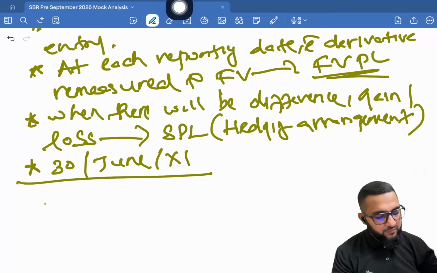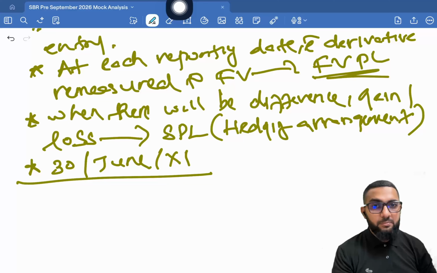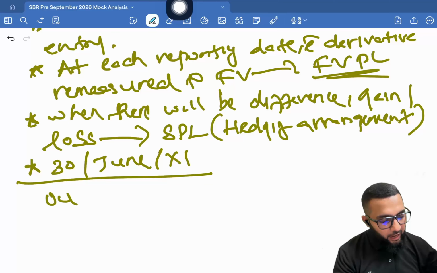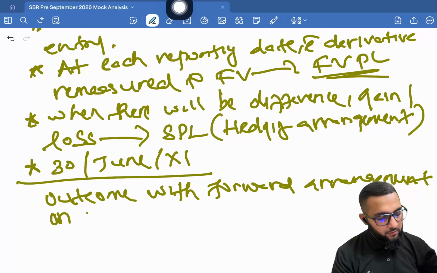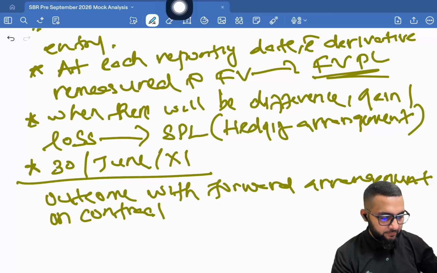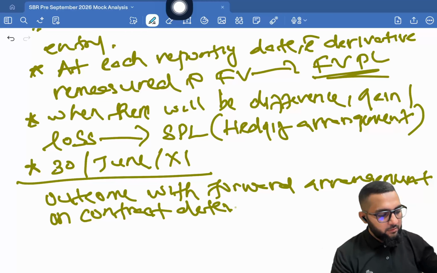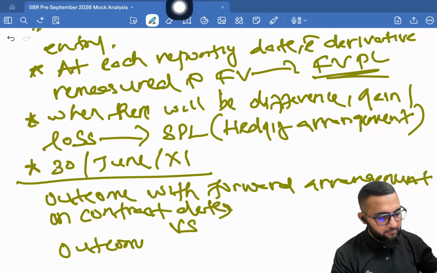Here you have to do a comparison between the outcome with the forward arrangement on contract date versus the outcome with the forward arrangement now.